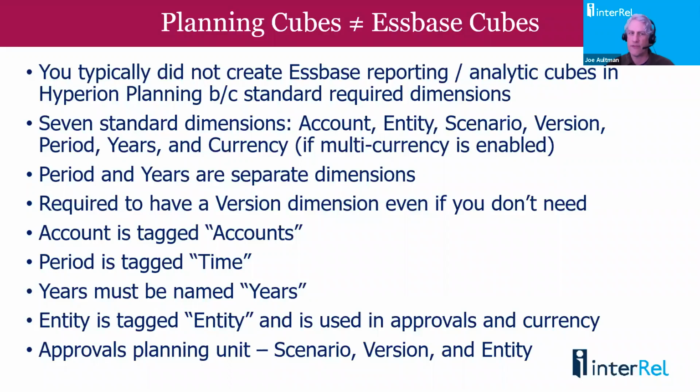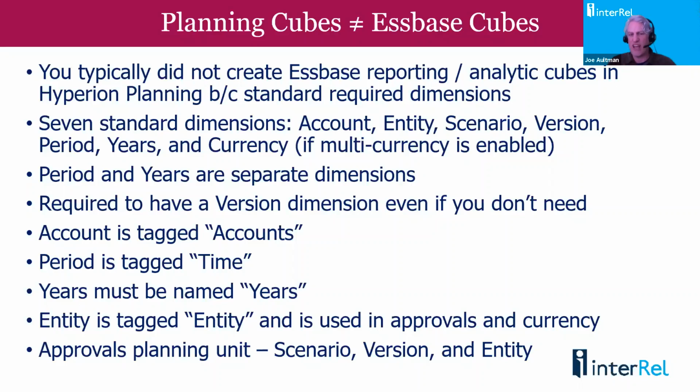There's always been a difference between exactly what planning cubes were like and what Essbase cubes were about. One particular difference is those required dimensions that we were talking about. You always would have to have a period dimension separate from a year dimension, and sometimes you would prefer to have those combined.